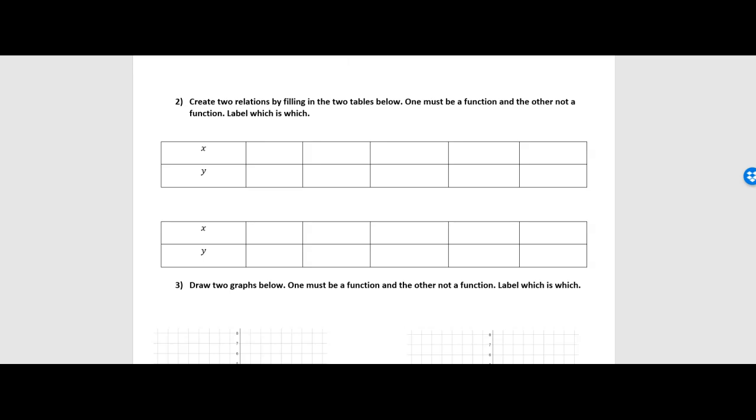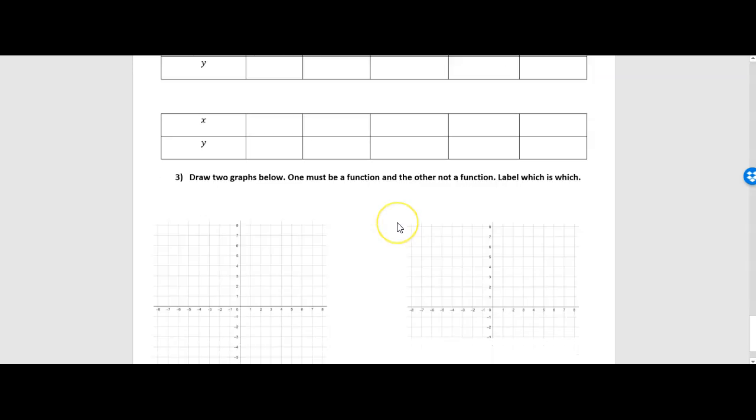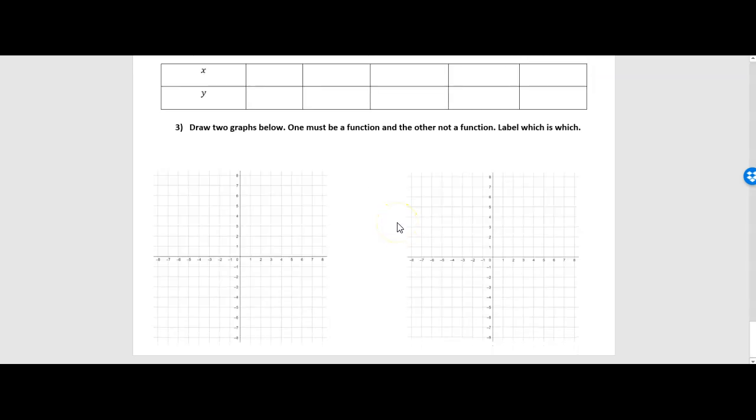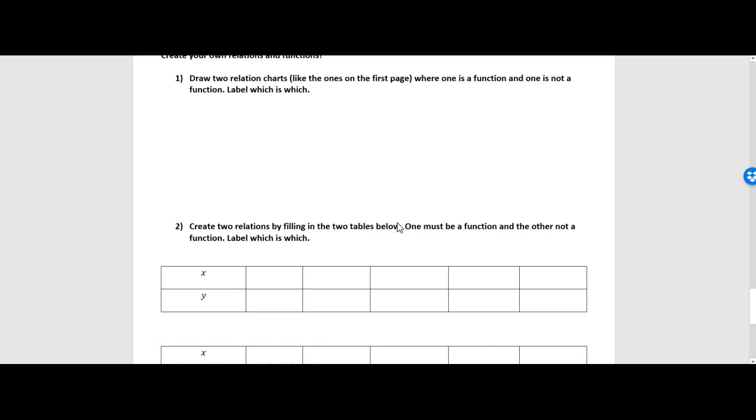If you forget, you can go back up or listen to the video again to figure out whether your x's are your inputs or whether your y's are your inputs or outputs, and then start to create a table, one which is a function, one which is not a function. The third and final problem has you drawing two graphs, one that's a function, one that's not a function. So 6 problems to do in all, because there's 2 parts for each of these.